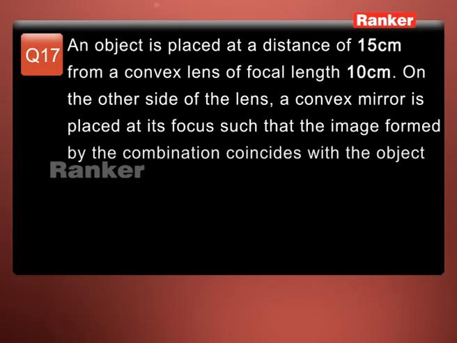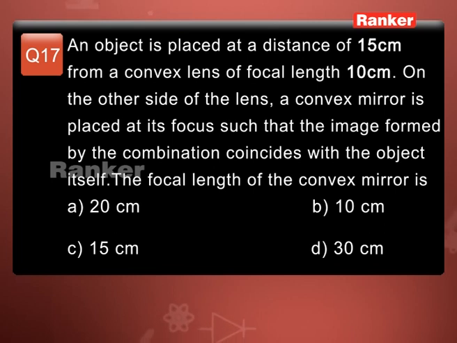Check the next number 17, please. An object is placed at a distance of 15 cm from a convex lens of focal length 10 cm. On the other side of the lens, a convex mirror is placed at its focus such that the image formed by the combination coincides with the object itself.